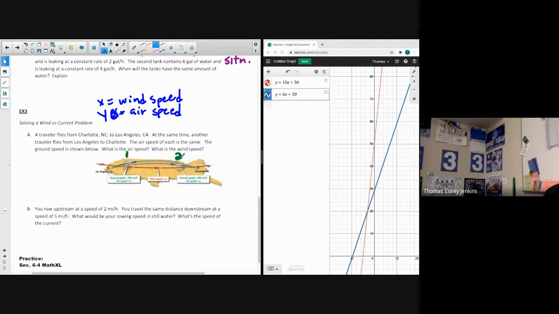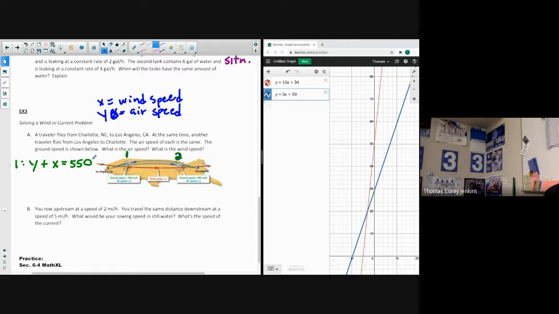So for plane 1, you would set it up this way: our airspeed plus the wind speed, so y plus x or x plus y, doesn't really matter, equals the ground speed. I think I misspoke earlier.